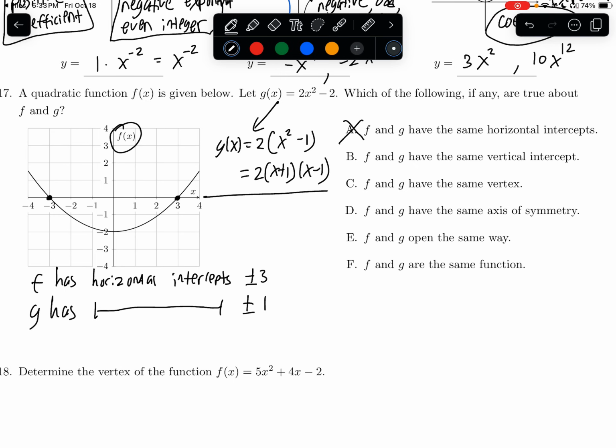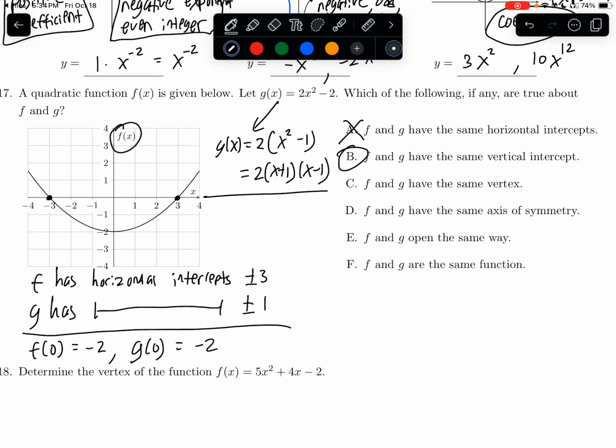Do f and g have the same vertical intercept? That you also have to test. So to get the vertical intercept, we would do f of 0, and f of 0 on the graph is negative 2. And g of 0, just putting in the 0 into the function, is also negative 2. And so, yes, they have the same vertical intercept.